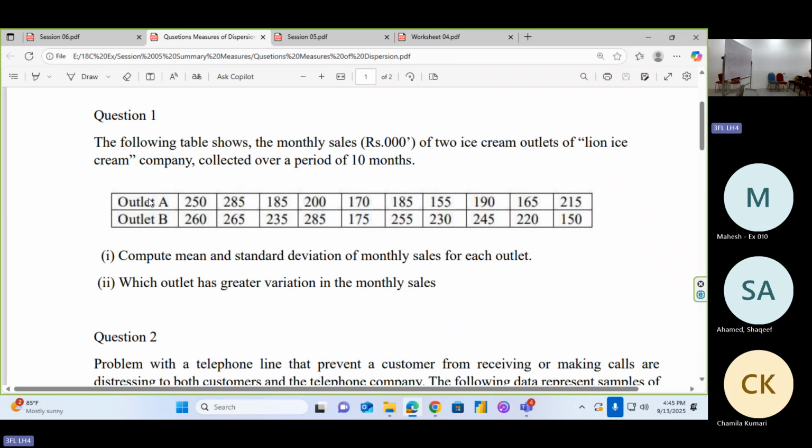Then, okay, you got the mean value. I think 200 is the mean value. Then again press shift key and number 2. Which number represents the standard deviation? Number 3, then you can get the standard deviation. Okay?